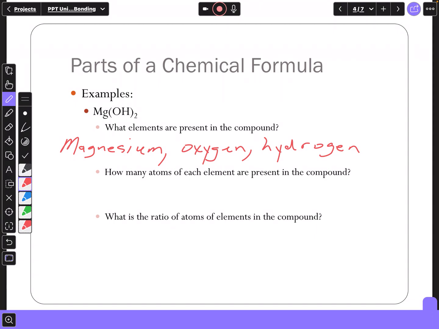Well, there's 1 magnesium, because there's no number there, so it's understood. Oxygen, you've got 1 on the inside of parentheses, times 2, gives you 2 oxygens. And then hydrogen, there's 1 on the inside, you multiply by 2, and that gives you 2 hydrogens. And then the ratio, we'd write it like this: 1 magnesium for every 2 oxygens for every 2 hydrogens.